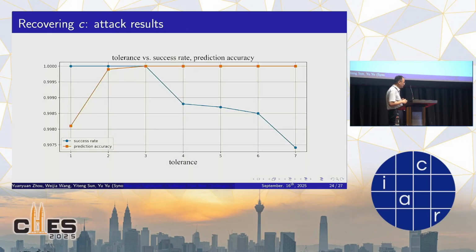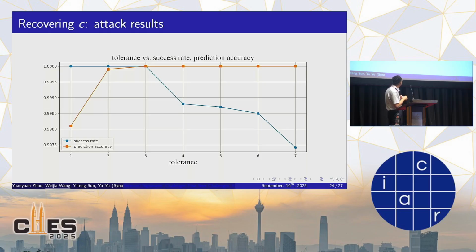Here I also provide some attack results. The orange curve shows the prediction accuracy for the Hamming weight of the internal coefficient. We can see that with the increase of the tolerance, the prediction accuracy becomes 1. And then we also provide the success rate, which is the blue curve, for the recovery of the input lower coefficient.